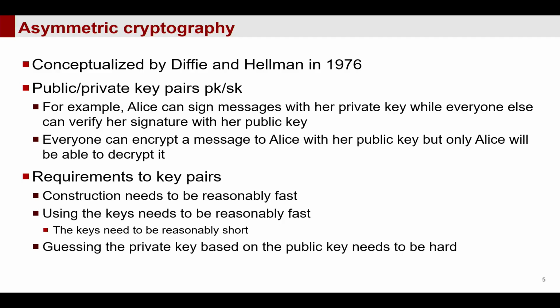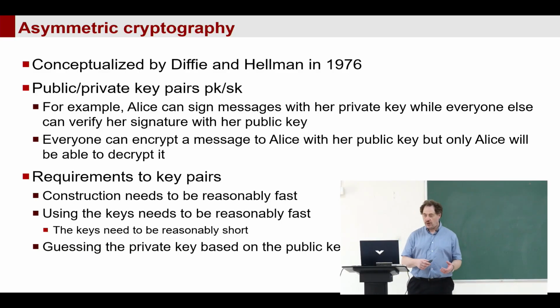For example, Alice can sign messages with her private key, while everyone else can verify that indeed it was Alice who wrote the message by using the public key of Alice. Public key verifies. The other use is that everyone can encrypt the message to Alice with her public key, but then only Alice will be able to decrypt it and read the message, no one else.